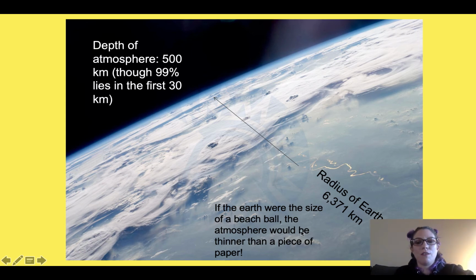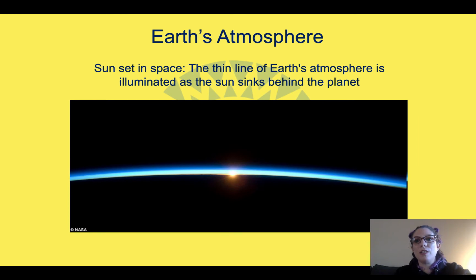If the Earth was the size of a beach ball, the atmosphere would be thinner than a piece of paper. So if that helps you with size comparison, our atmosphere is very, very thin compared to the Earth as a whole, which is kind of cool because all of us live down here at the bottom. So it really determines how we live and where we live and what we eat, different things like that.